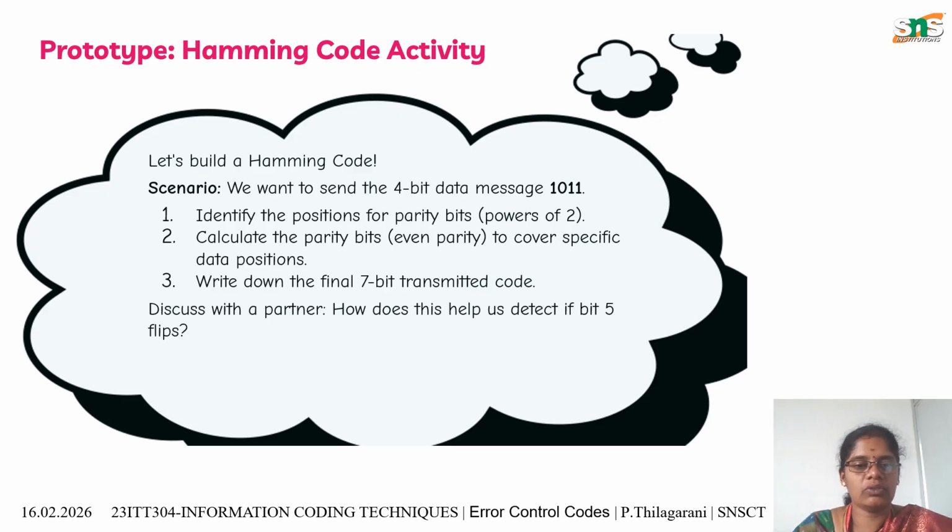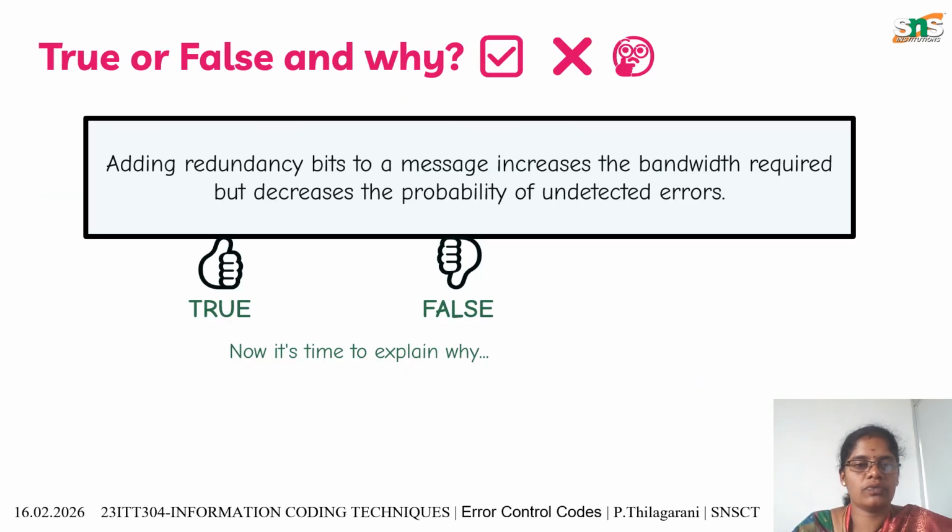Then write down the final 7-bit transmitted code. Discuss with your partner how this helps us detect if bit 5 flips. True or false, and why: adding redundancy bits to a message increases the bandwidth required but decreases the probability of undetected errors.